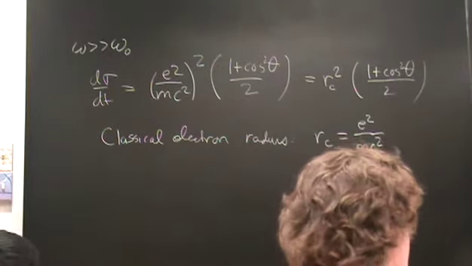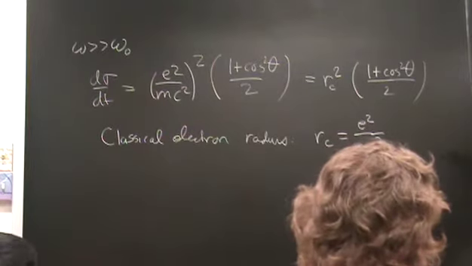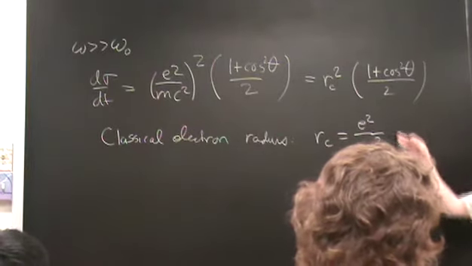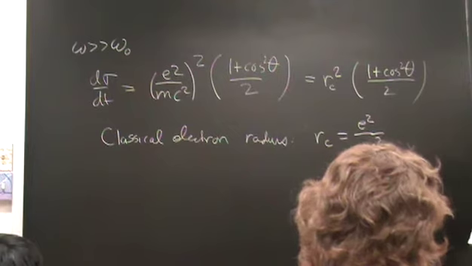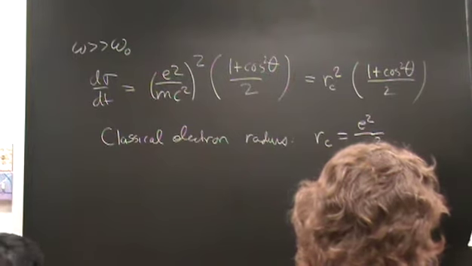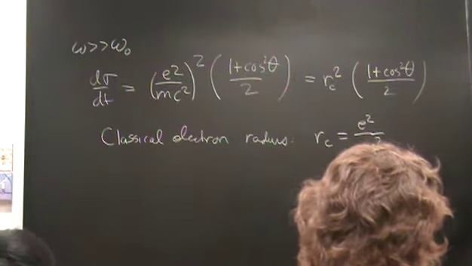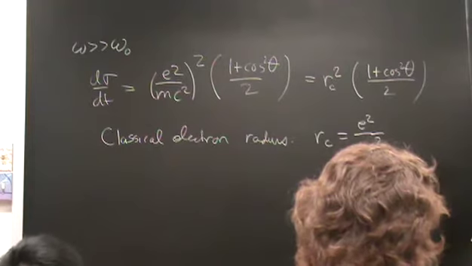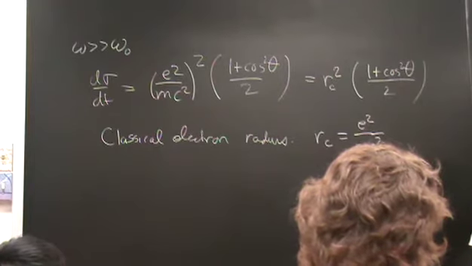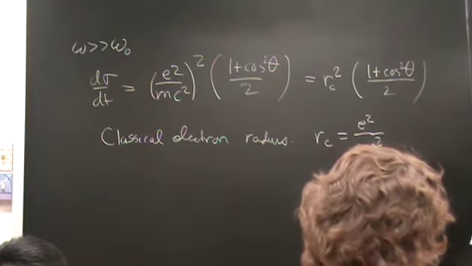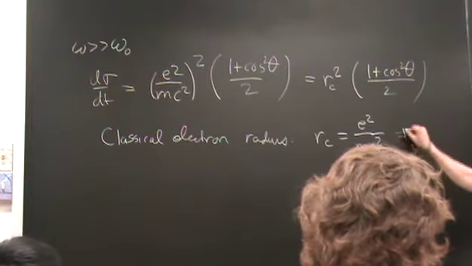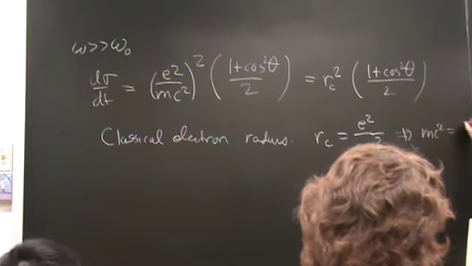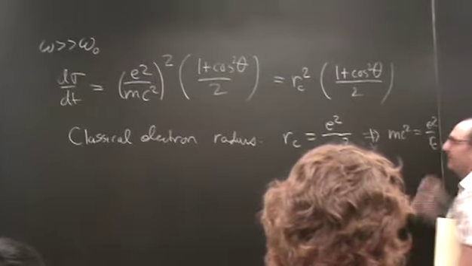Why is this ratio what you might consider to be the radius of the electron classically? The Bohr radius has h bar in it. So there's no h bar. What this says is that mc squared is e squared over r c.